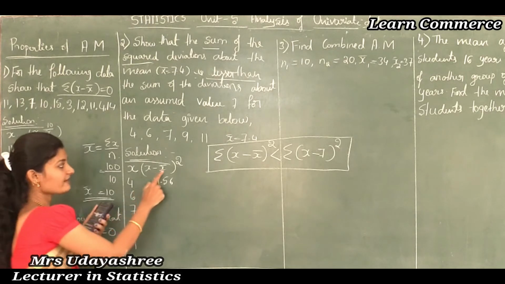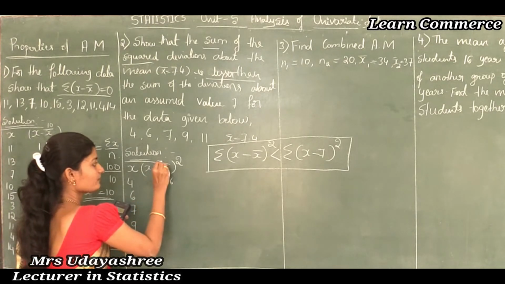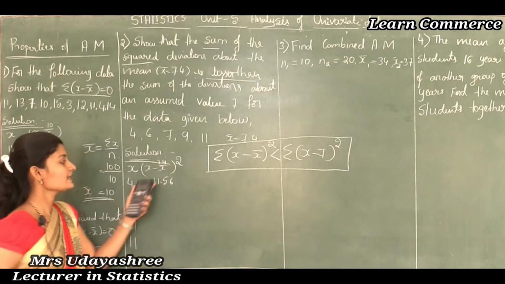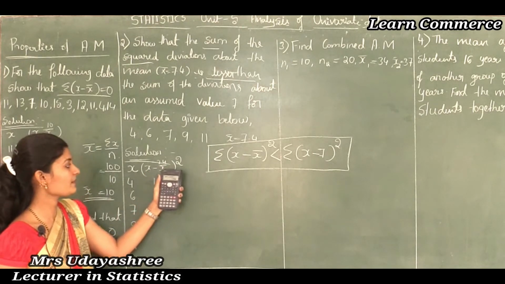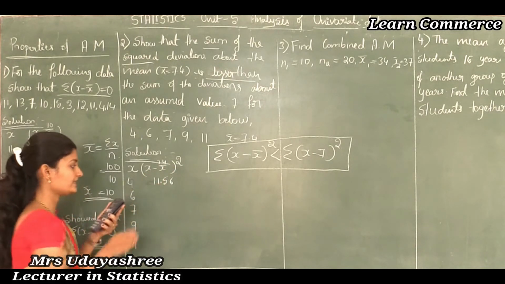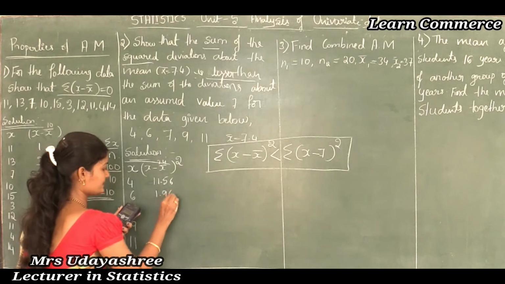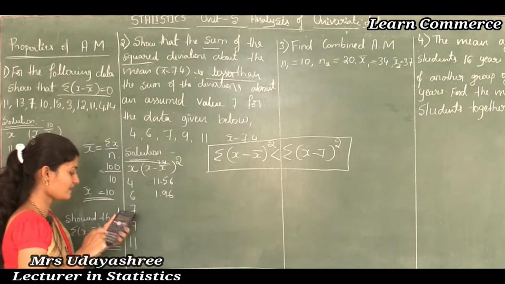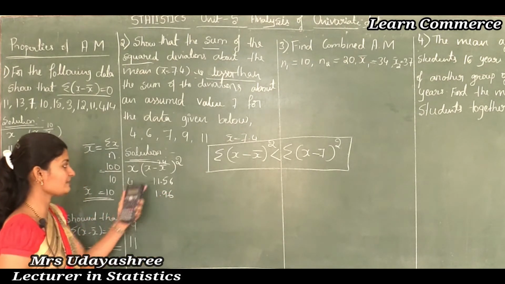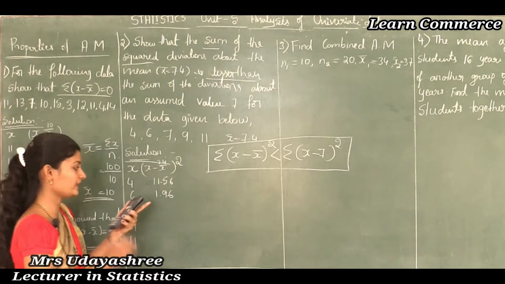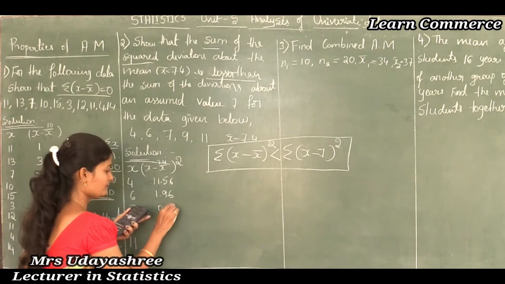Next x value is 6. 6 minus 7.4 to the power 2 is 1.96. Next x value is 7. 7 minus 7.4 to the power 2 is 0.16.